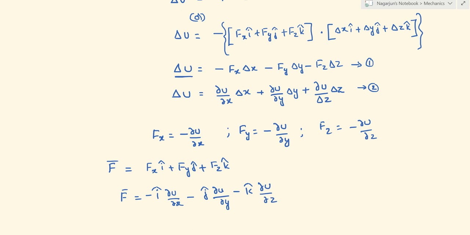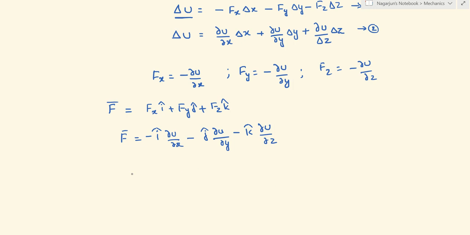This is how we can express it. Or, in other words, this can also be expressed as F bar is equal to minus i cap dou by dou x plus j cap dou by dou y plus k cap dou by dou z of the potential energy function U.